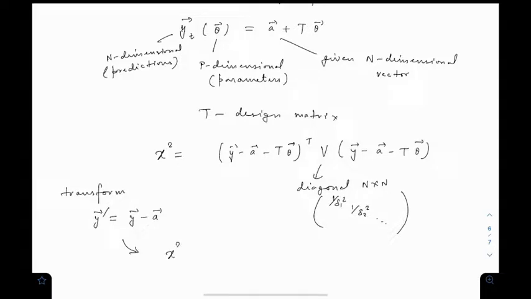the chi-square is simply y prime minus T theta, transpose, times V times y prime minus T theta. Now we take the derivative of this chi-square with respect to the parameters theta and set the derivatives equal to 0. Basically equated to the 0 vector.